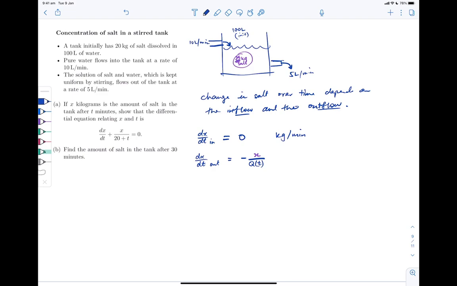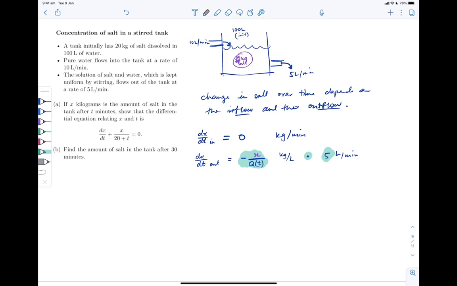Now that is in kilograms per litre, right? And then to get kilograms per minute, we need to multiply by the 5 litres per minute. Okay, now that's really messy. I'm sorry about that, but yeah, we have that times that. Okay, and kilograms per litre times litres per minute, the litres cancel out, which gives us kilograms per minute, which is how I know I'm doing the right thing.